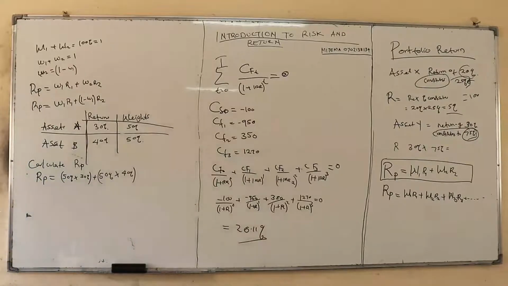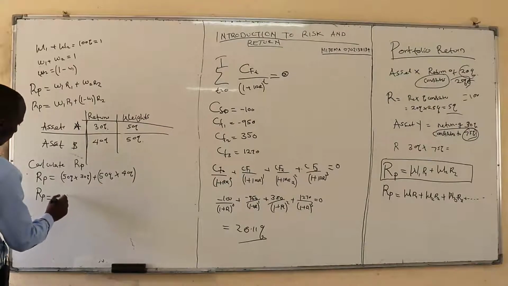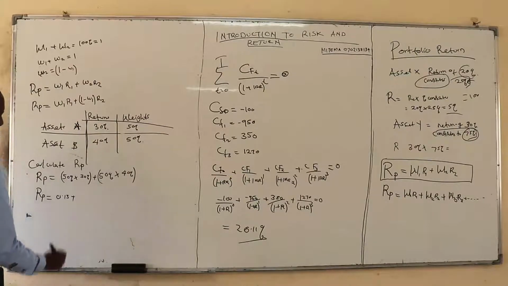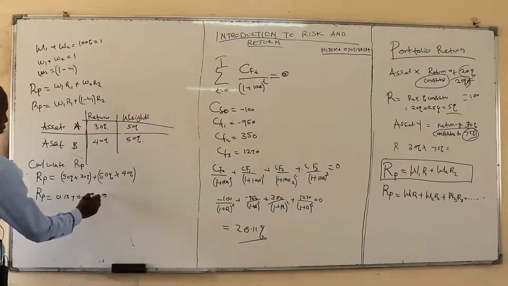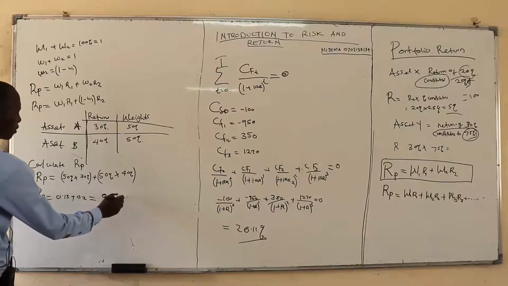After doing that, the return on portfolio equals 0.5 multiplied by 0.3, which is 0.15, plus 0.5 times 0.4, which is 0.2, and it gives you a portfolio return of 0.35, which is equivalent to 35%.